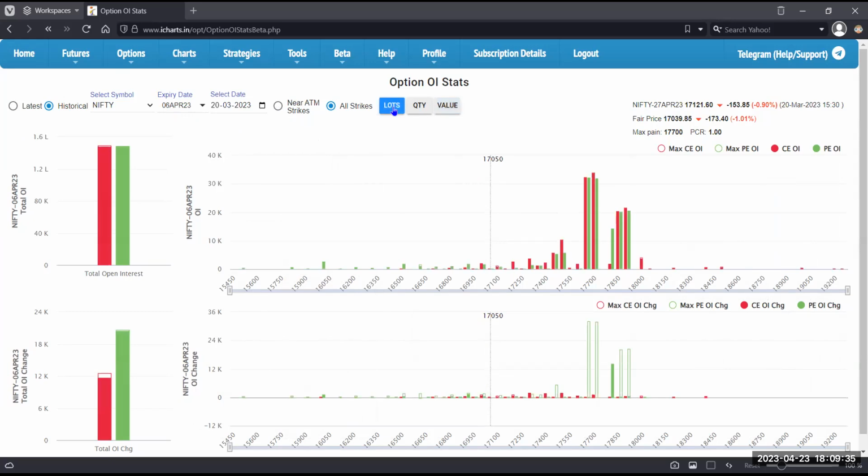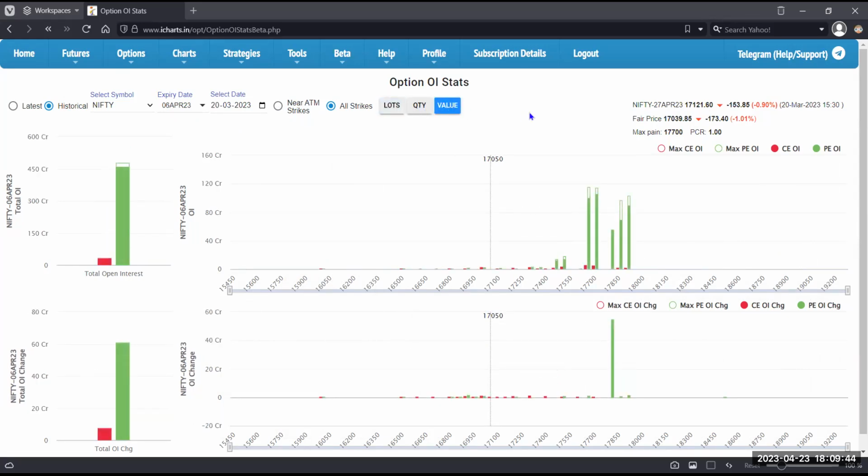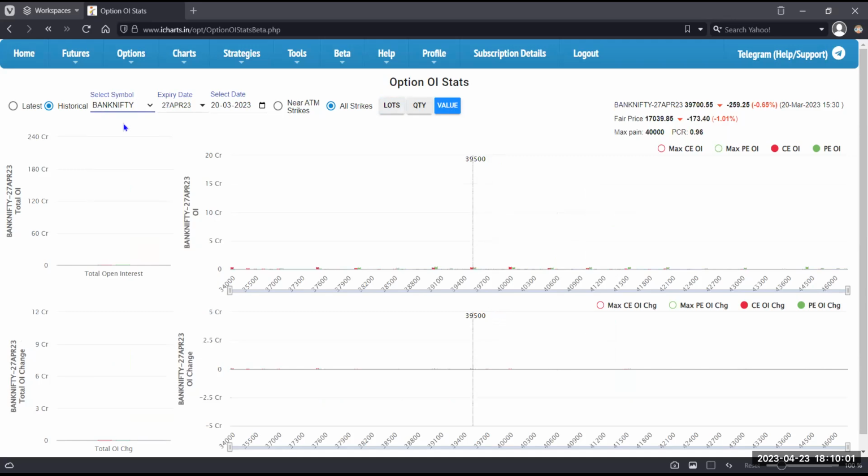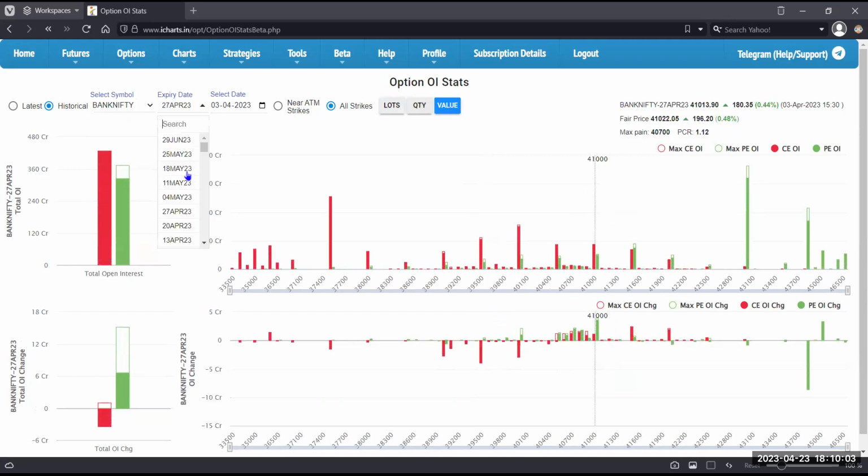From bars it gives the picture that yes, people are probably shorting straddles, but from the value point of view, people are shorting deep ITM up to 17,800 or so. Even if you look at the same thing in Bank Nifty, people are anticipating, and more so during the first week of April, we had some sort of event, an RBI event. So people knew that. So look at this value now.